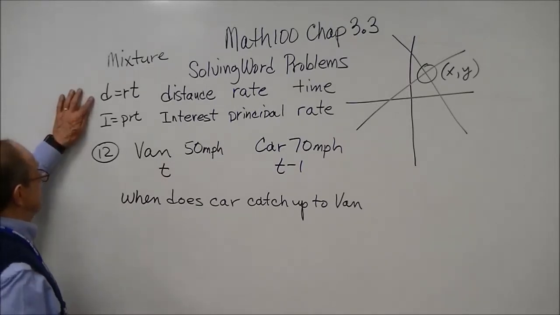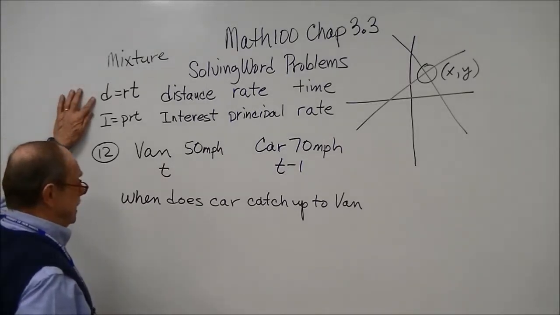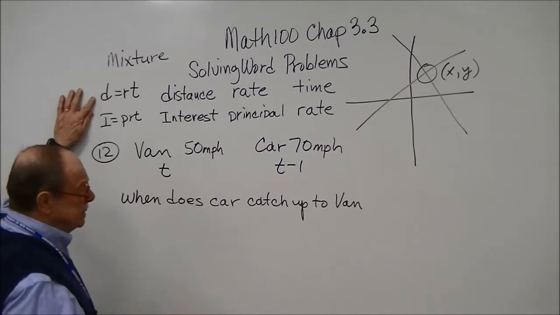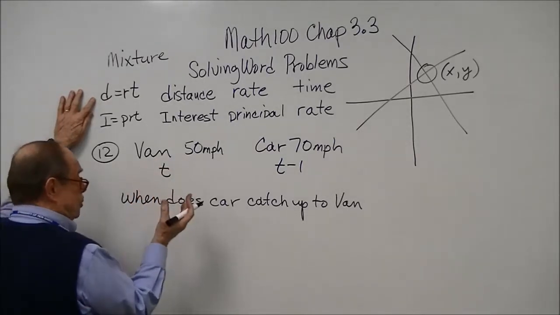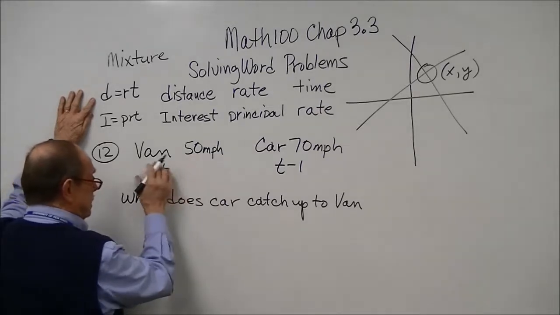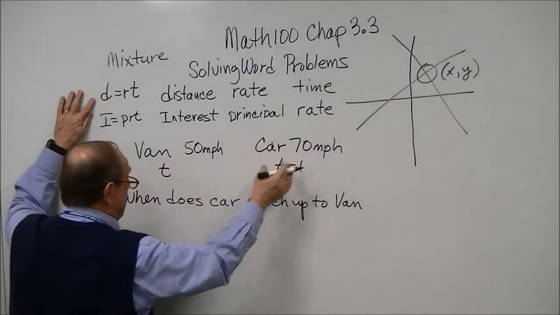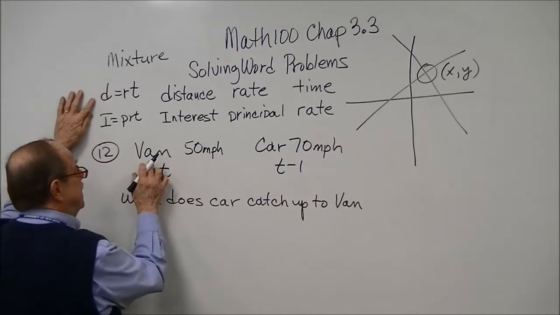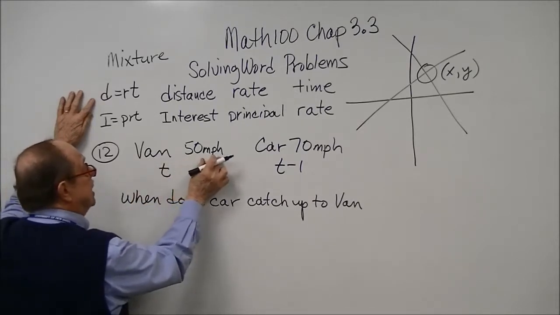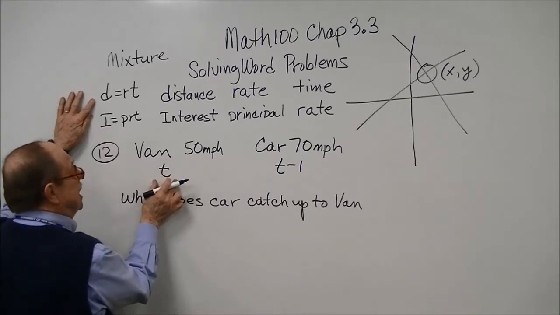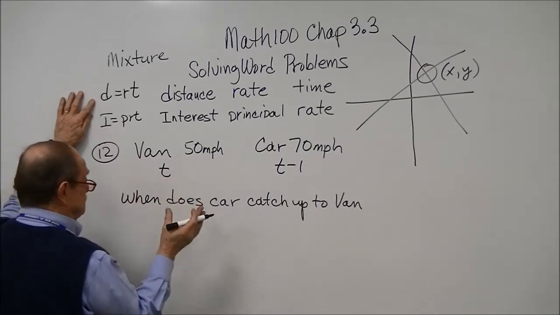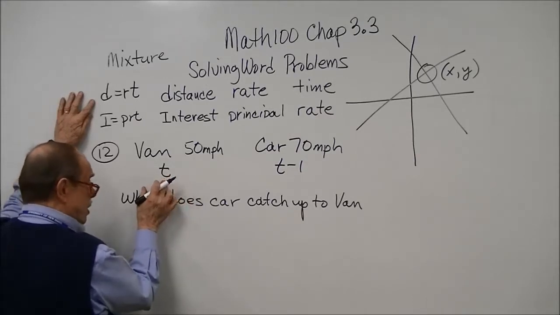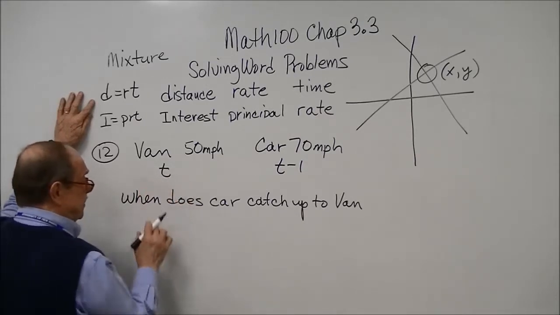Now we're getting to the distance formula, and this is very typical also. We have a van, a truck that runs slower than a car. Well, the speed of the van is 50 miles per hour, and it's traveling a certain amount of time. Do we know that time? No. But we'll call that time t.